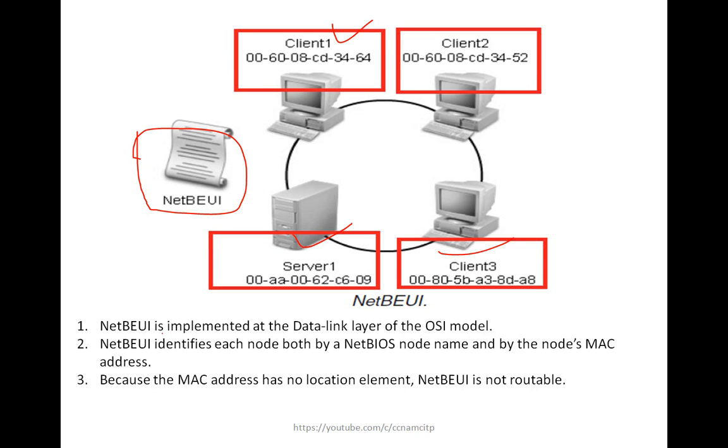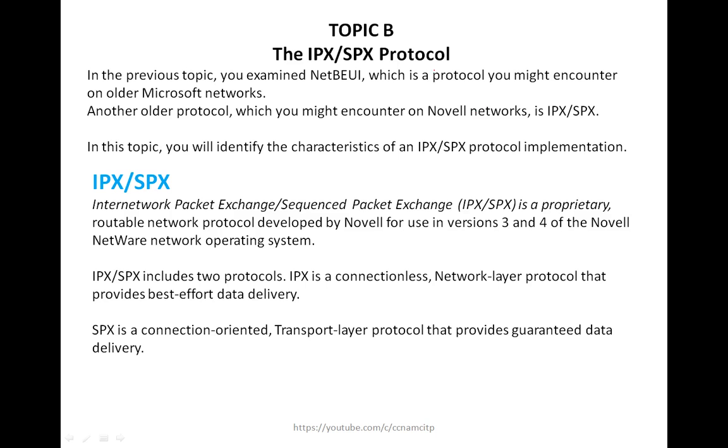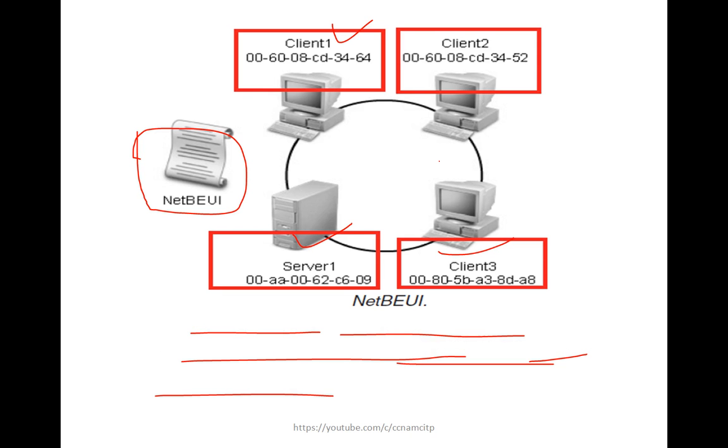NetBIOS Extended User Interface is implemented at the data link layer of the OSI reference model, and it identifies each node both by NetBIOS node name and MAC address as well. Because the MAC address has no location element, NetBIOS is not routable.